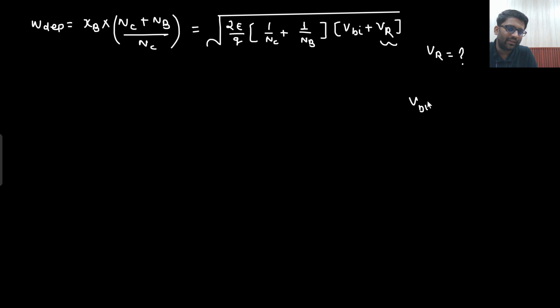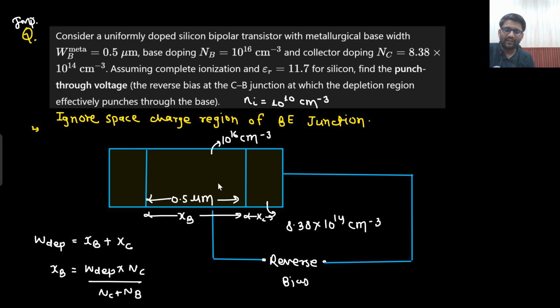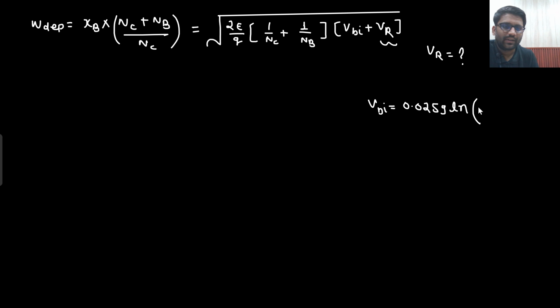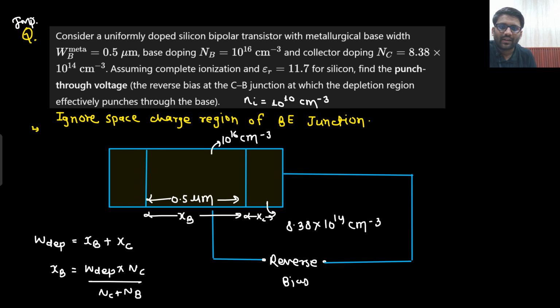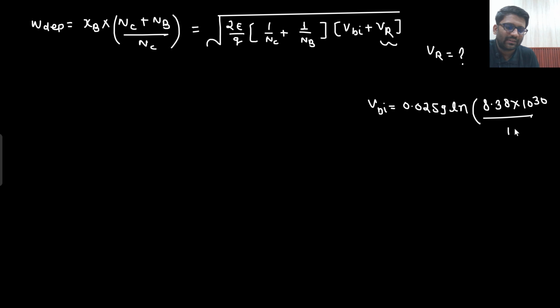What will be my V built-in? That would be 0.059 kT ln nc nb by ni square. So 8.38 into 10 to the power 30 divided by ni square. Ni value is given, 10 to the power 10. So from here I can find out the built-in potential.